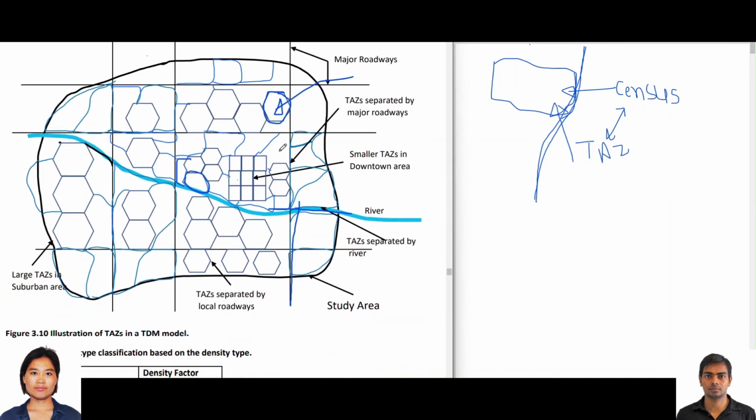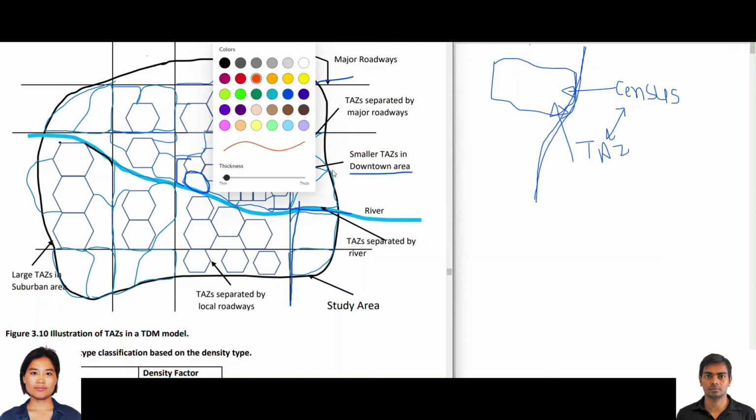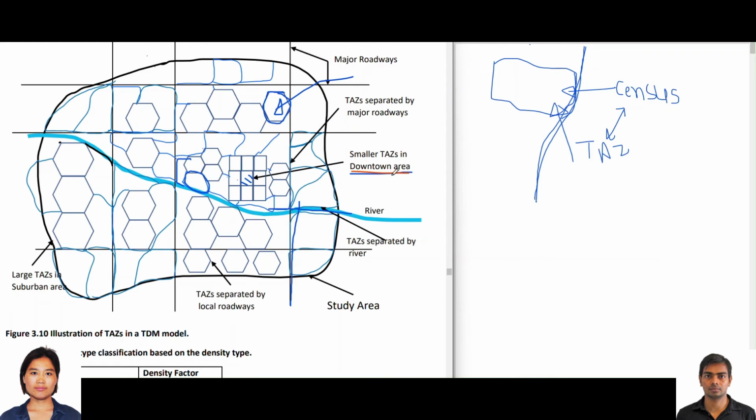We want the TAZ to be a sector of homogeneous characteristics. So when the population density increases, we have to divide the area into smaller groups. Let's say this is the downtown area. Let me change the color here. Since population density in the downtown area is larger, we will have smaller TAZs.